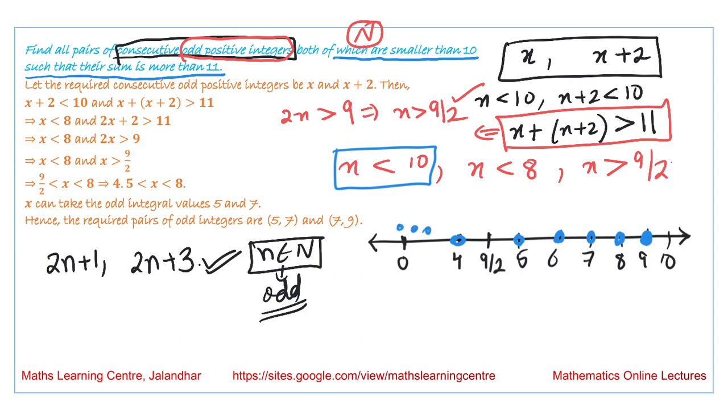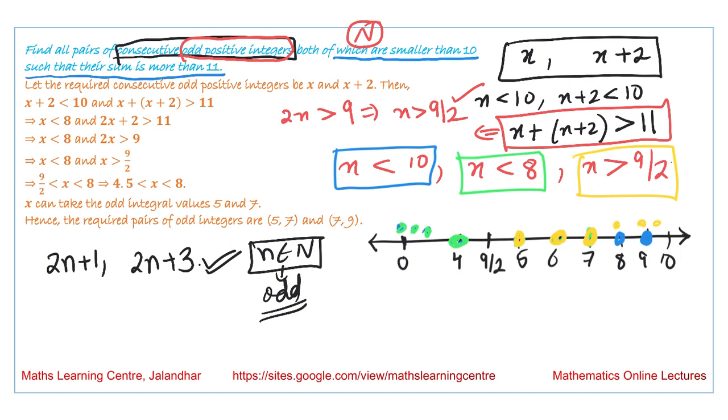When we are saying x is less than 8, it means its value can be 7, 6, 5, 4 and so on. The next condition is that x is greater than 9 by 2. So what are the integers greater than 9 by 2? It is 5, 6, 7 and so on.